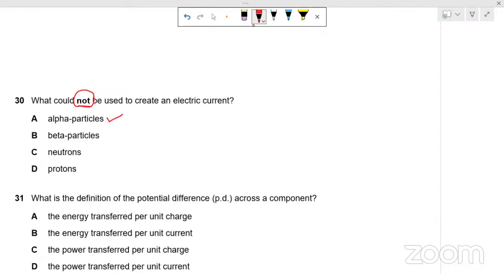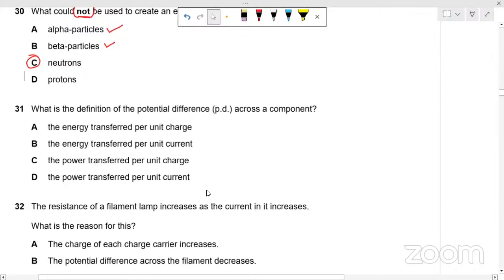If alpha particles are made to flow in some region, then there will be current. Beta particles also have charge. Neutrons don't have any charge, so that's why they can't be used to create electric current. Protons have charge, so proton can also be used to create electric current.